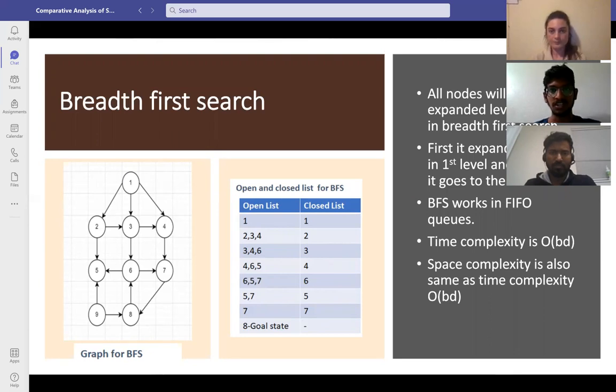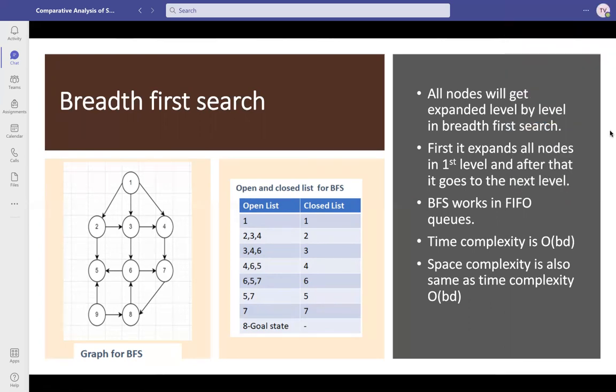From source 1, we have 2, 3, 4 as the open list. Since we got 2 as the first child node, we add it to the closed list, and after 2 we take 3 and 4 in the same sequence. After completing 3, we will take 6 and after that 5. In the same manner we will reach goal state 8.